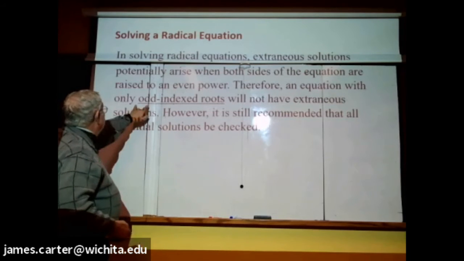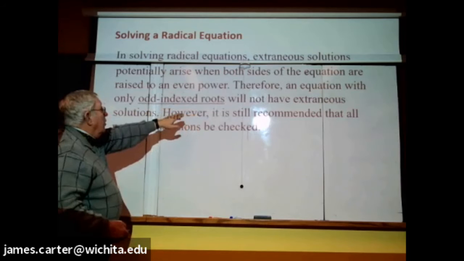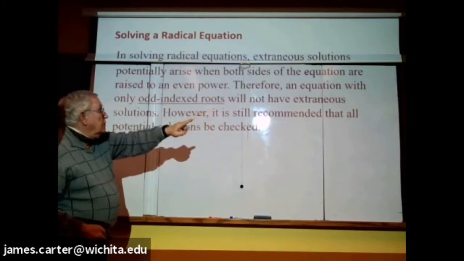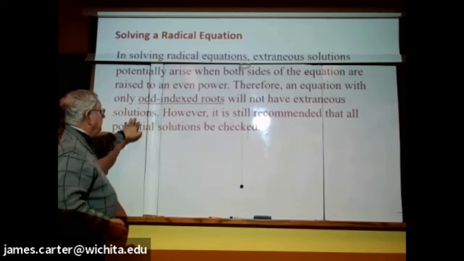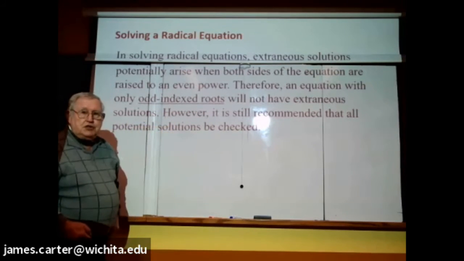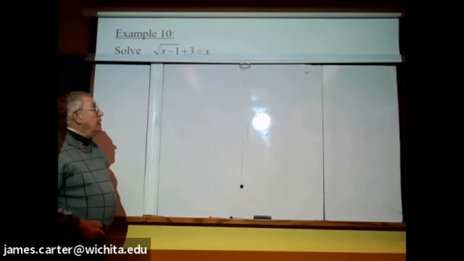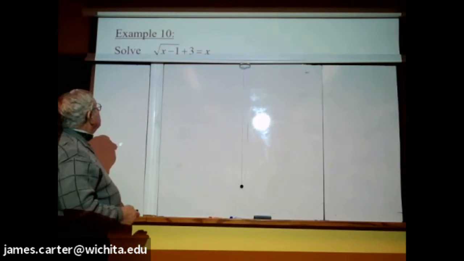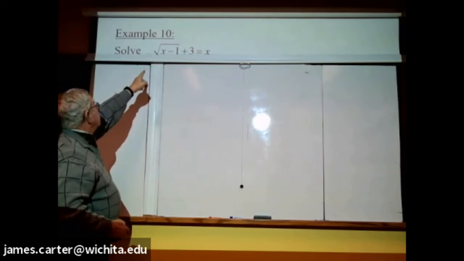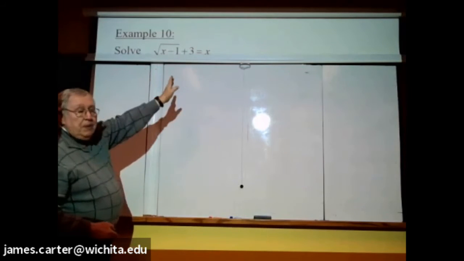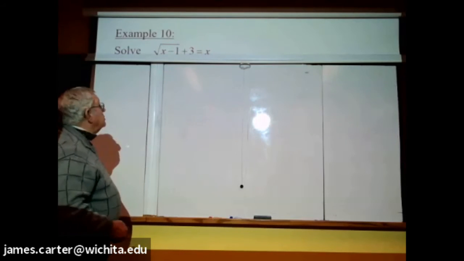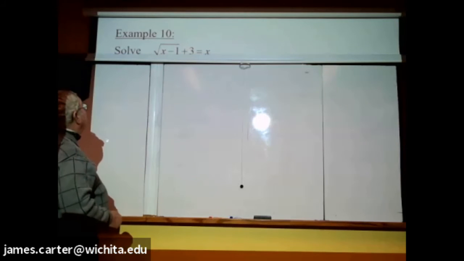Therefore, an equation with only odd index roots will not have extraneous, unreal solutions. However, it's still recommended that all solutions be checked. So what it's saying is when you have a square root or a fourth root or a sixth root or an eighth root, you better check on your extraneous equations, or solutions, I mean.